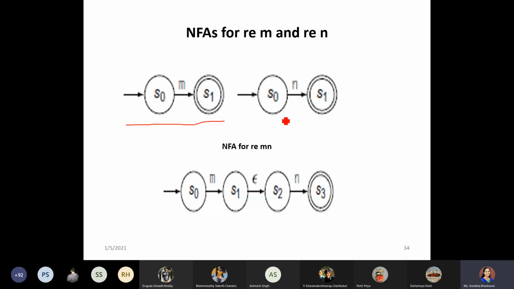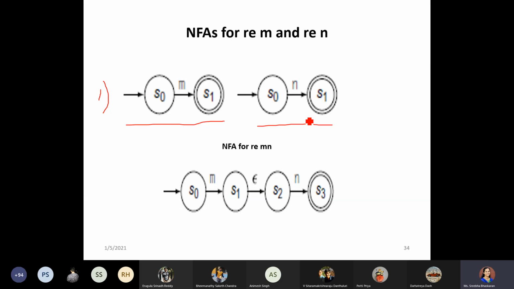Similarly, if you have the symbol N, then from the starting state, with the N transition, we reach another final state. Whatever alphabets we have, all would be represented in this manner. This is the first step of Thompson's construction.